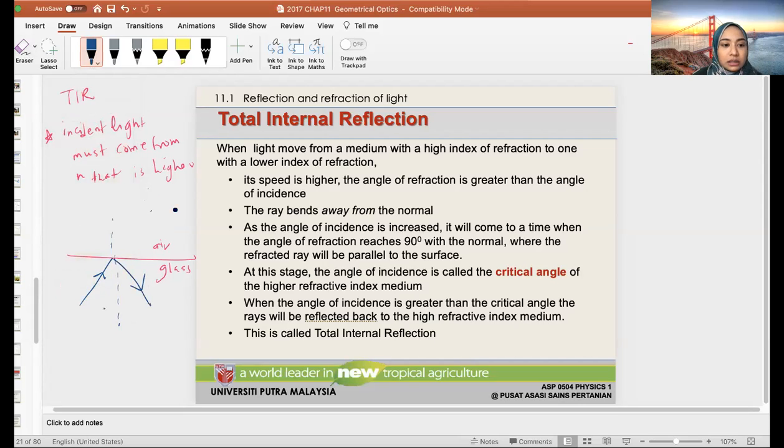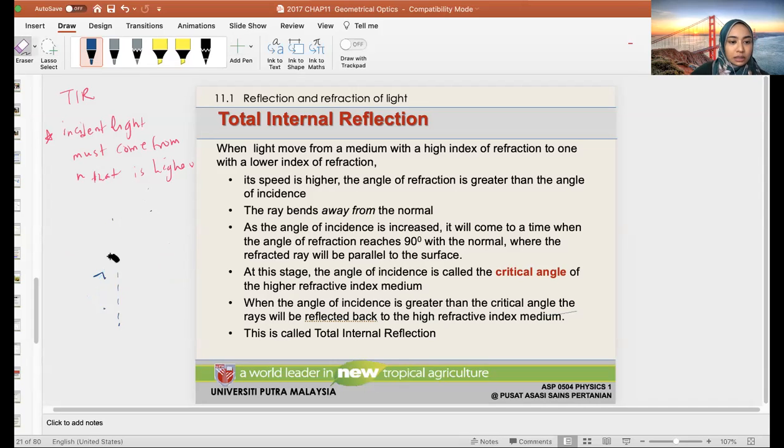Tak ada refraction, everything is reflected. Okay, so this can only happen if my incident light comes from an n that is higher. Tadi saya start pada air, nak masuk glass, tak boleh jadi TIR. If I am starting from glass, going into air, yes, I can get TIR. So that is the first condition lah for TIR to happen.